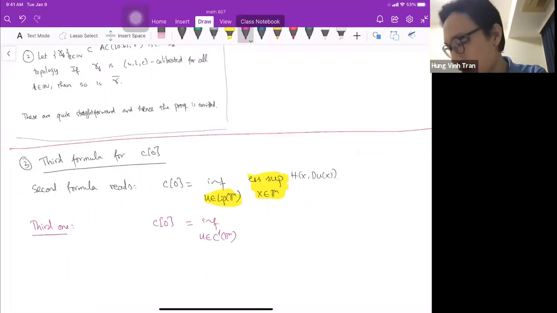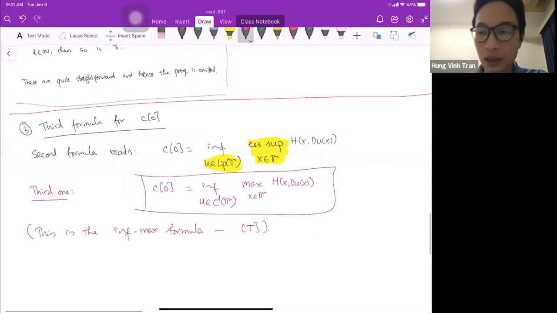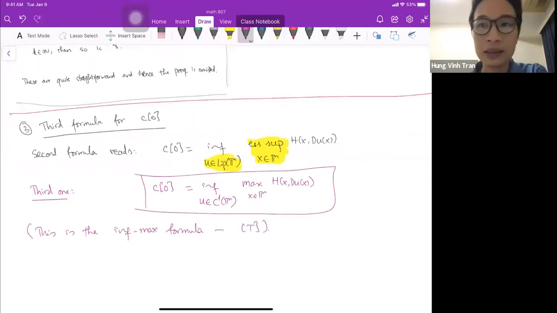When I'm taking C1 functions, I don't have to take the essential supremum anymore. I can take the max: the max over x in the torus of h of x du x. So this is our new formula. People call this the so-called inf-max formula. This is also written in my book. You can double check that.